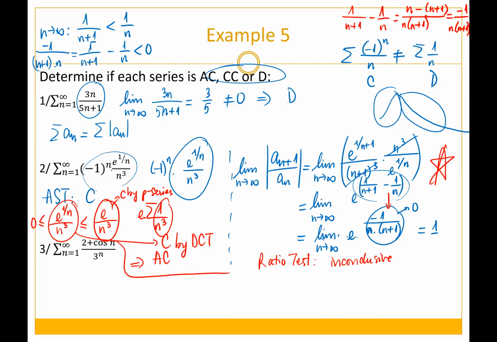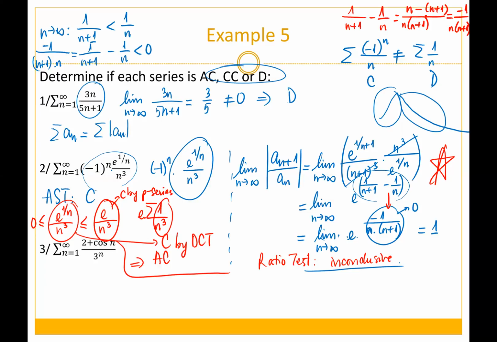Okay. So it's AC because you compare the absolute value of the original. That is true. But how did you get AC? Okay, hang on. I understand how you got e to the 0, but that equals 1. Okay, so it's inconclusive here.